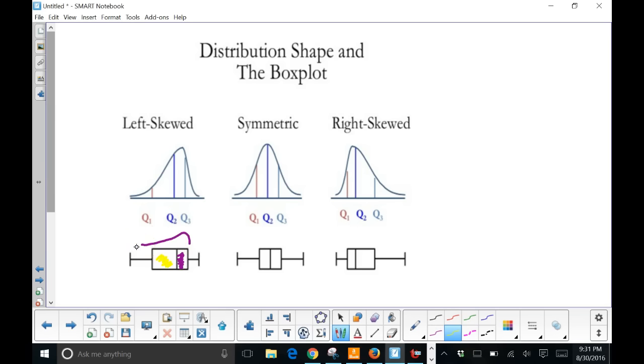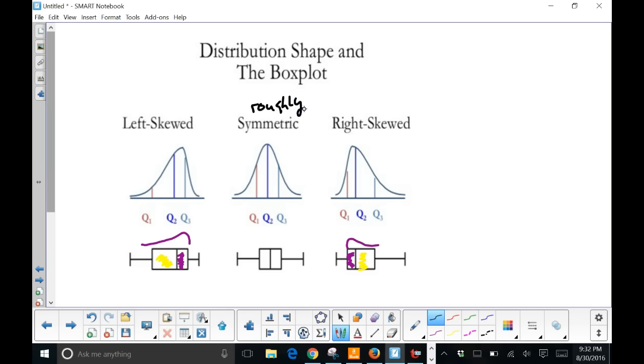If you look at the right skewed one, you can see again 25% of the data in a much smaller region than this upper piece, which is going to make it skewed to the right. And when the line is in the middle, it's roughly symmetric.